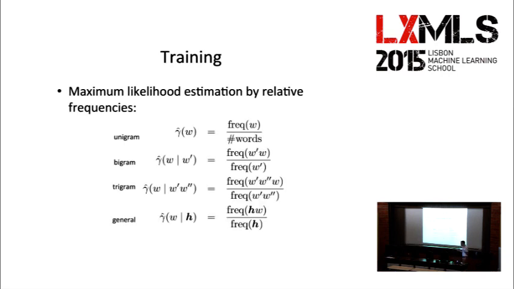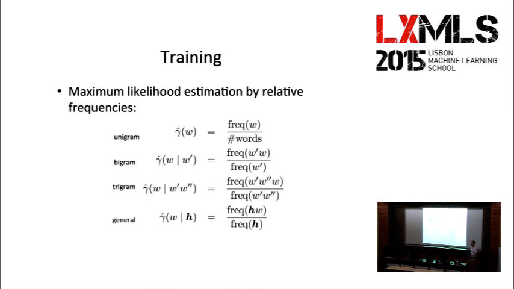OK. Another relatively simple thing that people usually have a good intuition about is, how do I estimate the probabilities? How do I train this model given some data? Okay, the simplest thing to do is called maximum likelihood estimation. That's a very fancy term for counting. Count up the number of times you saw a unigram or a bigram or a trigram and divide it by the number of times you saw the history. This is called relative frequency estimation.